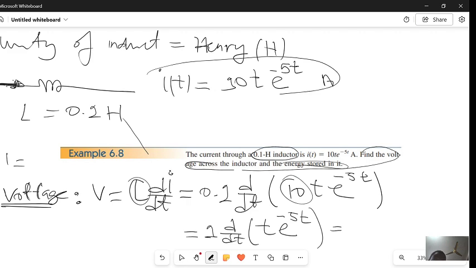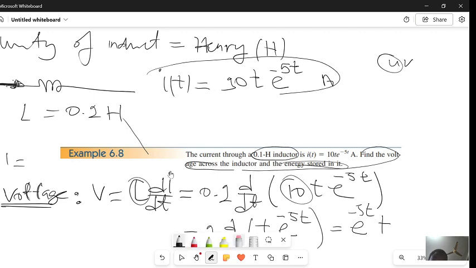As we know, the derivative of uv is the derivative of u multiplied by v, plus the derivative of v multiplied by u. Now the derivative of t is 1, so I will have exponential minus 5t here, because 1 multiplied by exponential minus 5t is exponential minus 5t, plus the derivative of exponential minus 5t, which is minus 5 exponential minus 5t.